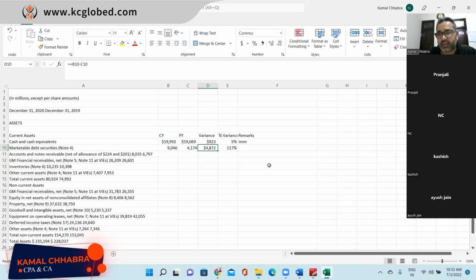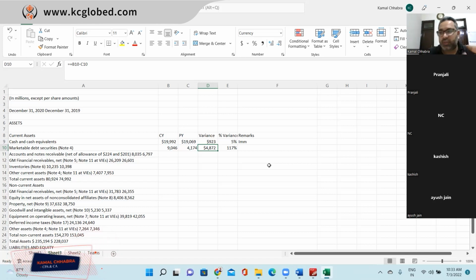In marketable debt security, there might be certain security with the private company, with the public company, maybe with the trust, or maybe given any loan to the individual. So you'll be doing a disaggregated analysis: how much debt we have purchased in the previous year for the known issuers, for the trust, for the society, and maybe for any individual.